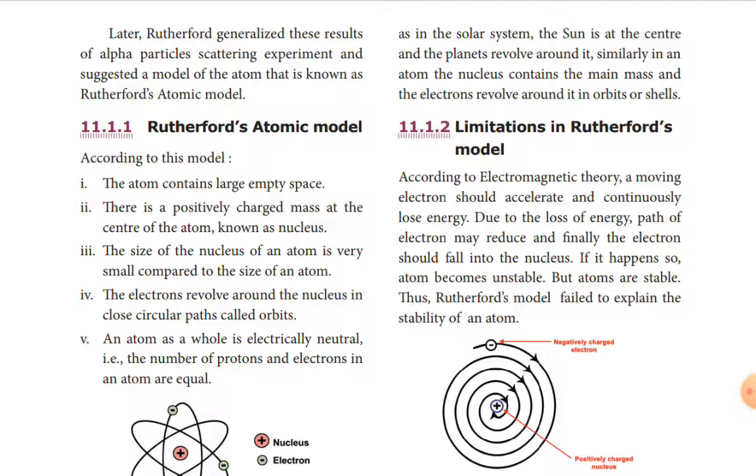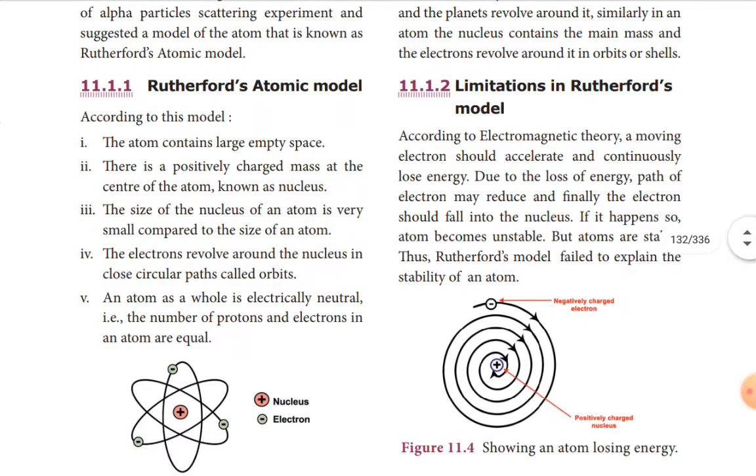Then the size of the nucleus is very small compared to the size of the atom, because only a very small fraction of alpha particles were deflected by 180 degrees. Only one or two particles deflected back at 180 degrees. From that he concluded the size of the nucleus is very, very small compared to the size of the atom.